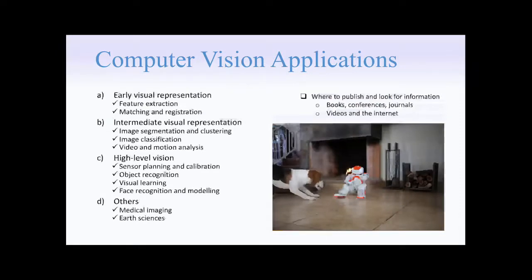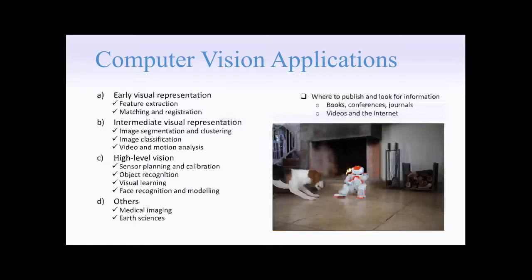Computer vision applications are divided in three main parts, and some others are listed also in the book. Early visual representation refers to feature extraction and matching and registration processes.